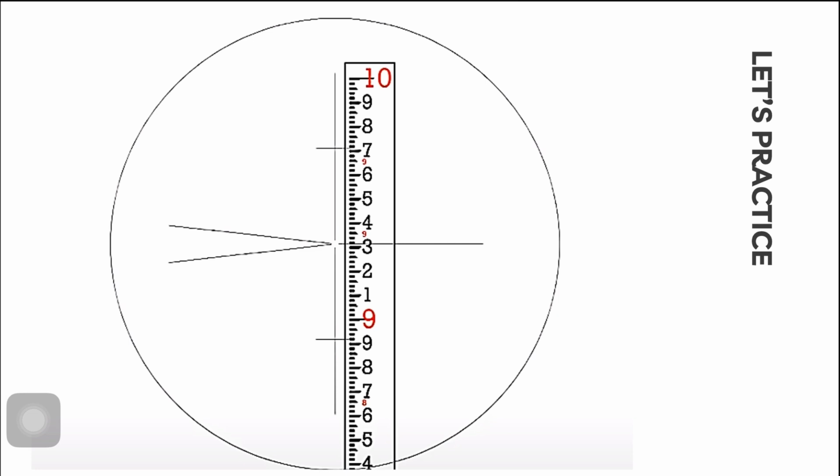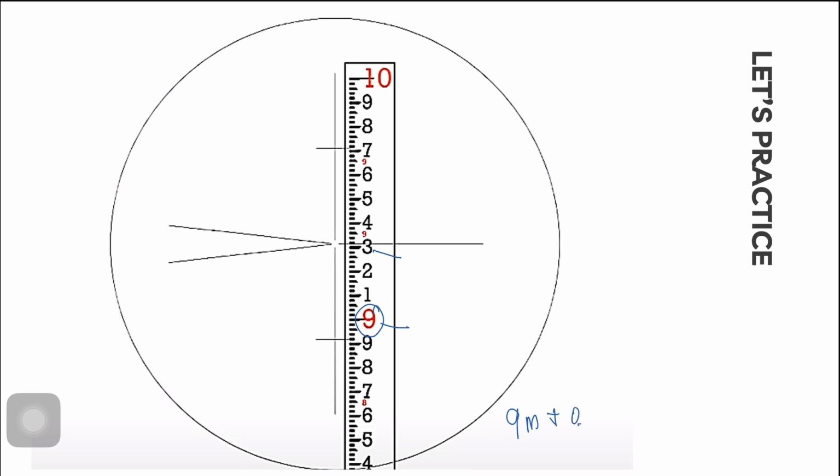So you can pause this video again to practice reading this one. So for this, 9 meters. This is the large number. Then the reading is near this tenths place.